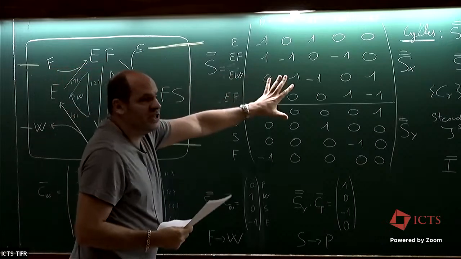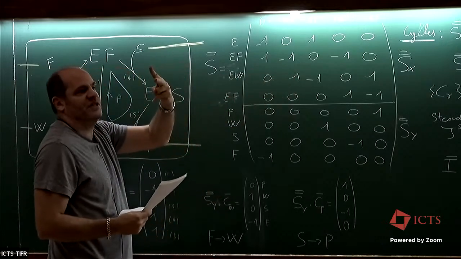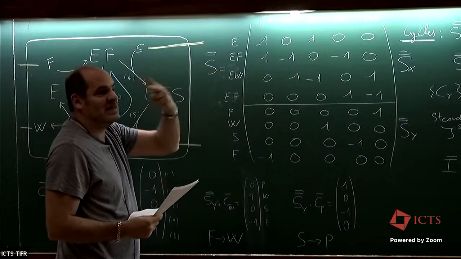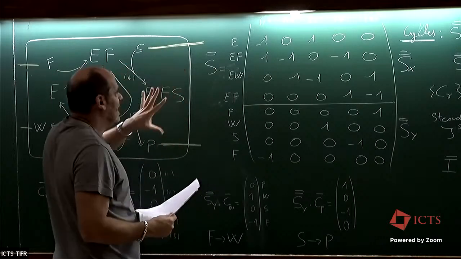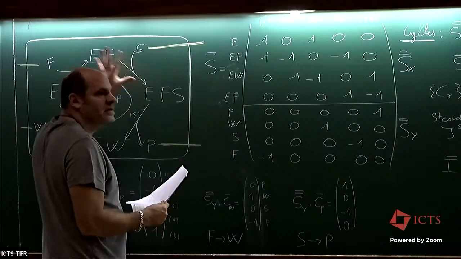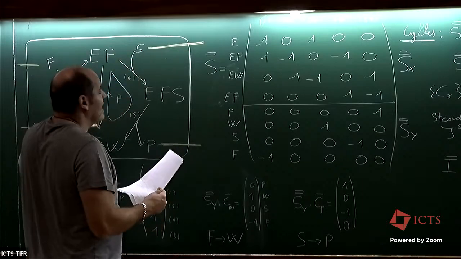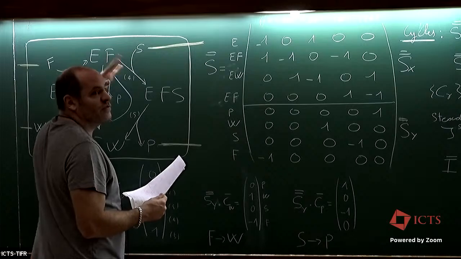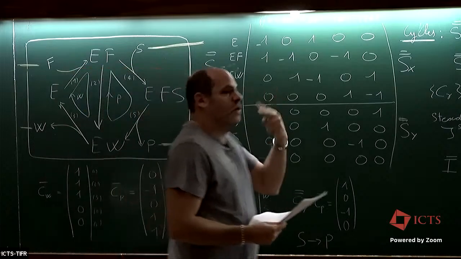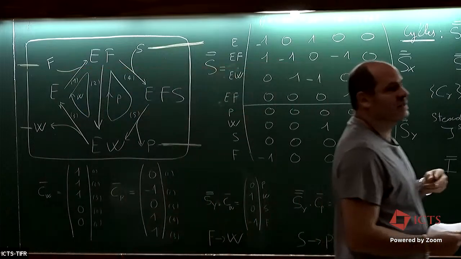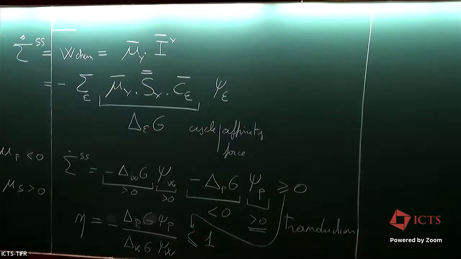But the topology tells us that only 2 of them are sufficient. And this has to do with the fact that the network is such that these 4 cycles are not independent. Out of the 4, only 2 are needed to characterize the dissipation. Yes?